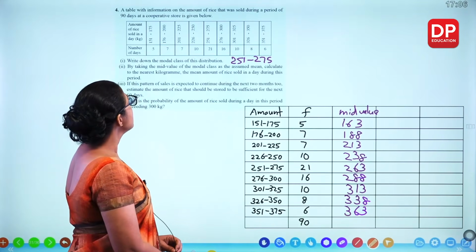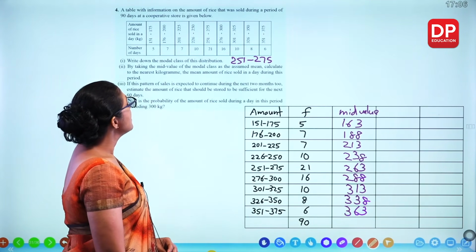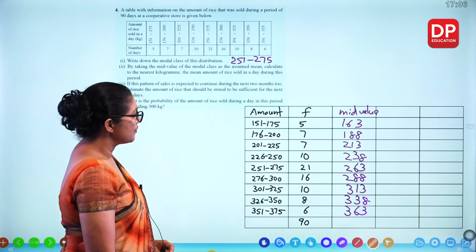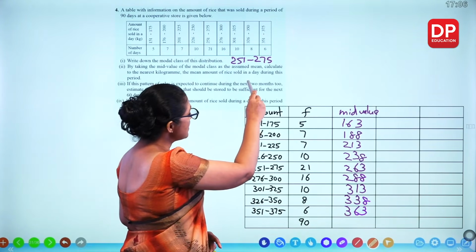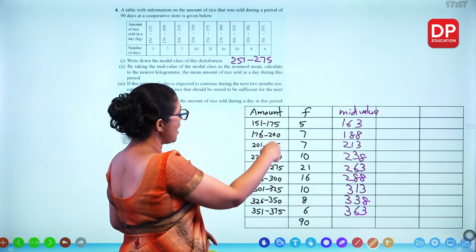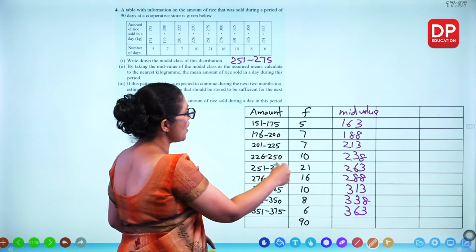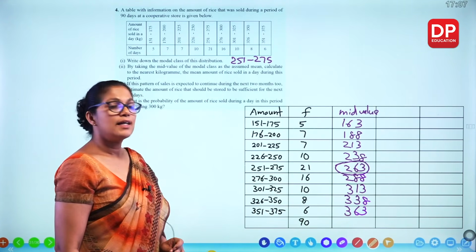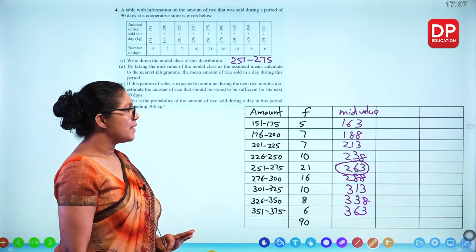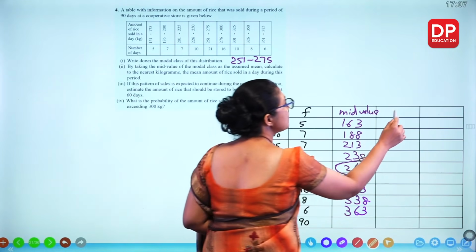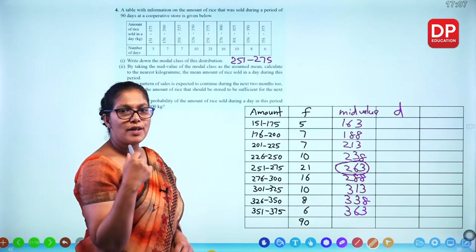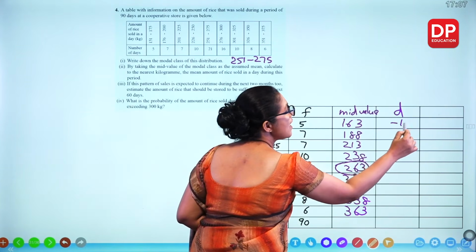Now it says take the mid value of the modal class. Which one is the modal class? 251 to 275. This one. So you have to take this one as the assumed mean. Now take the difference. When you subtract this and this, what do you get? Minus 100.